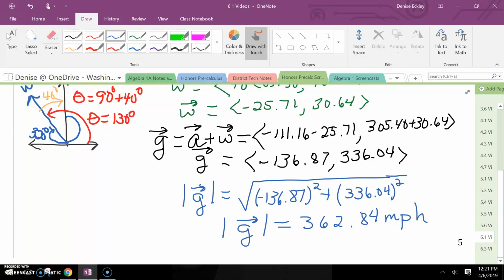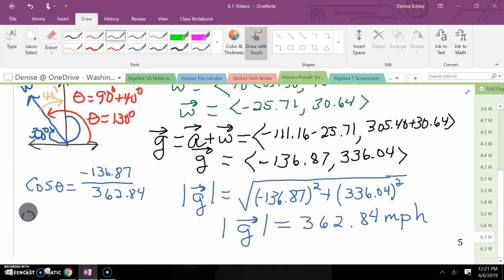Now what's left to do is to find our direction. We have to give it in terms of a bearing, so first we have to find our direction angle. We're going to use the idea that the speed times the cosine of the angle, cosine theta, is going to be the speed in the x direction, which was negative 136.87, divided by our actual speed, which is 362.84.